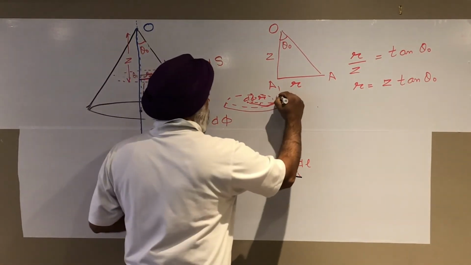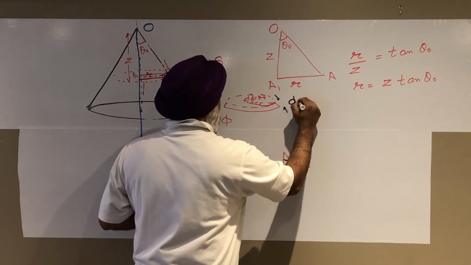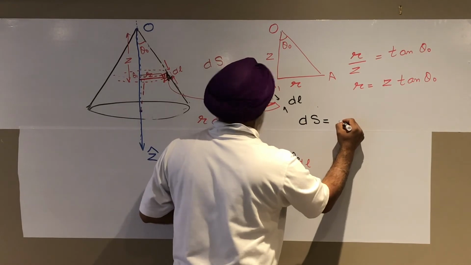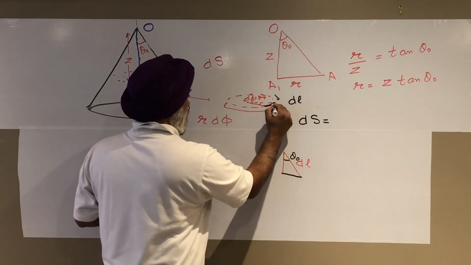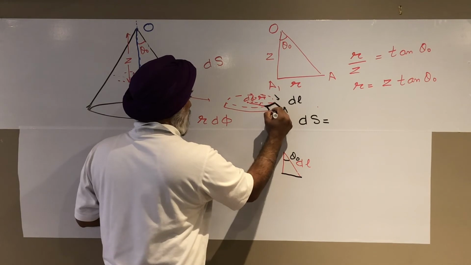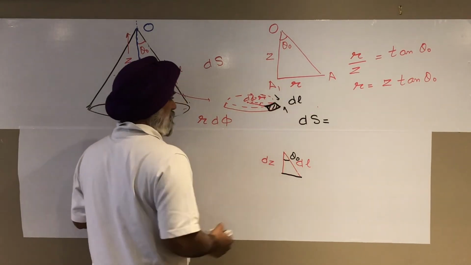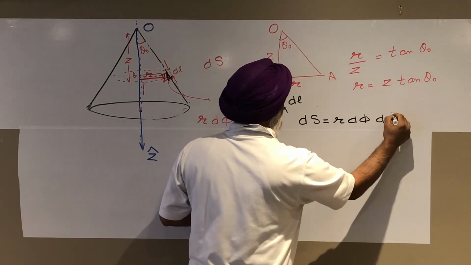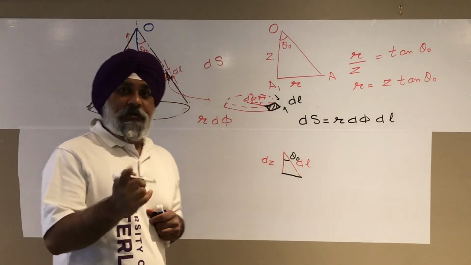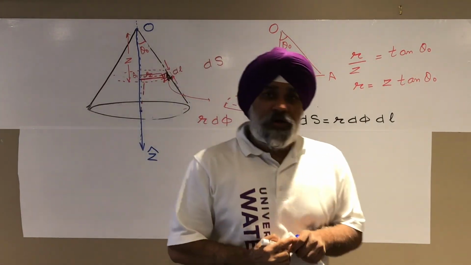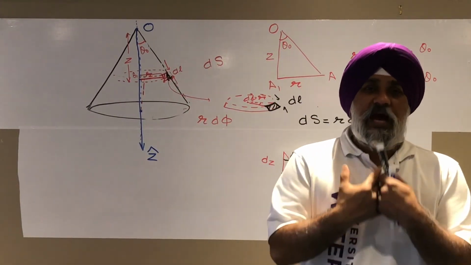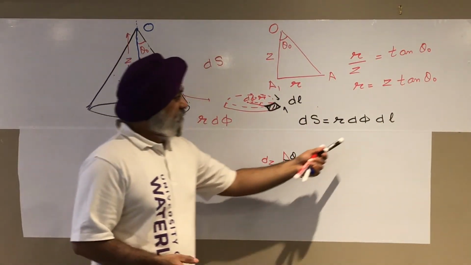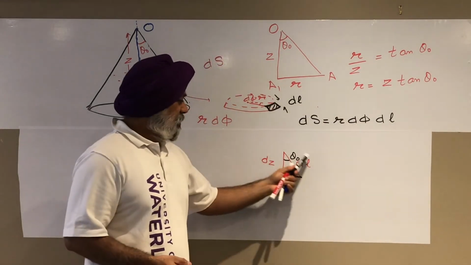So what it tells you is you have this dl, your surface element is the length here multiplied by this length, which is equal to that, and that becomes r d phi dl. But remember, when we're using a coordinate system, we want to use the axis of the coordinate system, so we have to convert dl into dz, then we would be ready to integrate it. So I have to take this dl and convert it into dz.